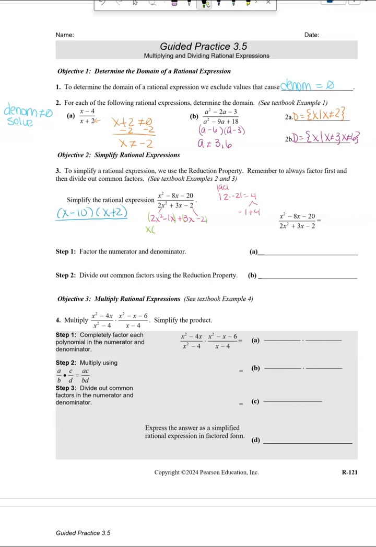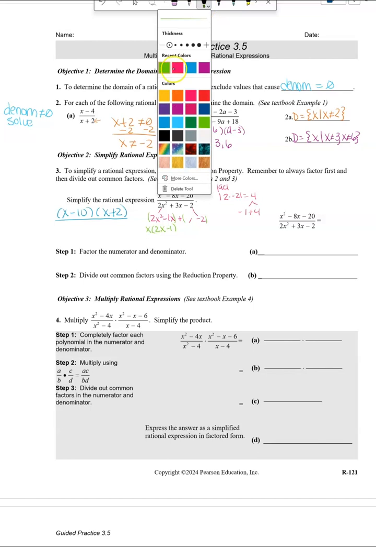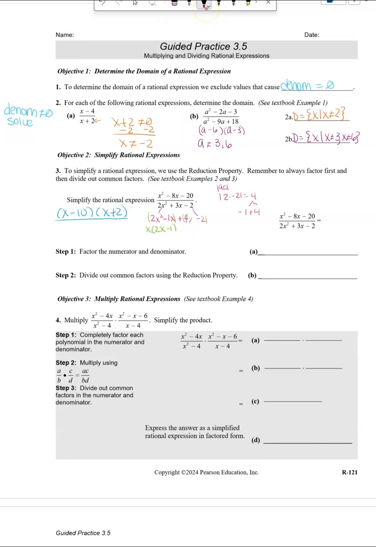So this is going to leave us 2x minus 1. I wrote something down wrong. That's supposed to be a 4, so this should be 4x. Sorry.